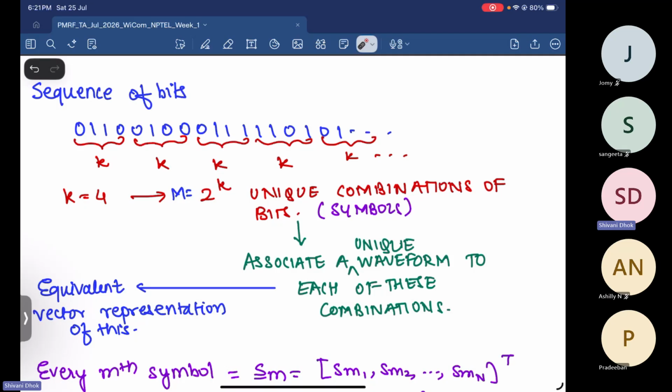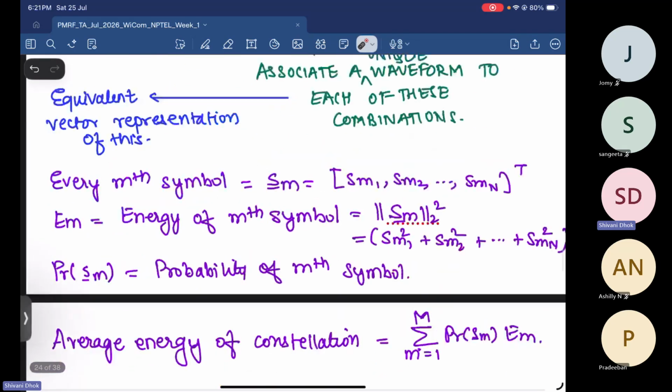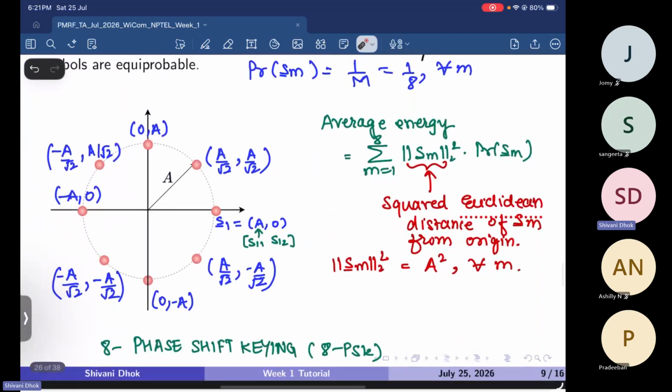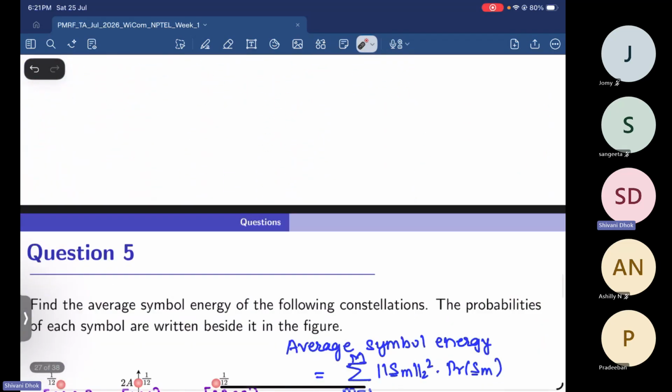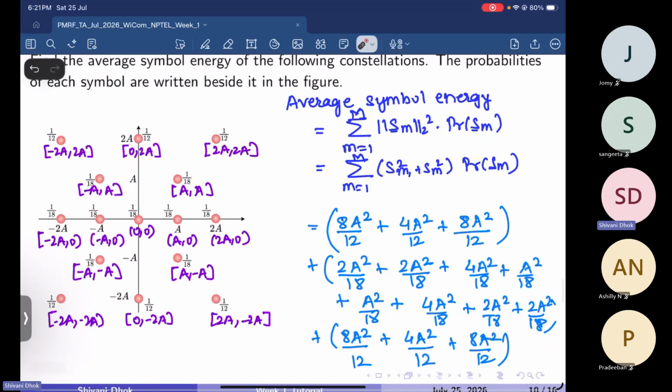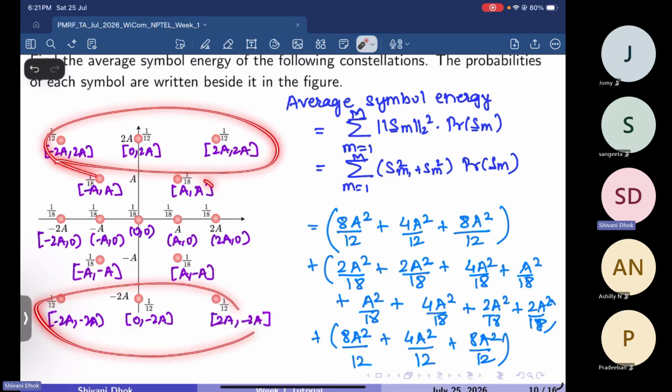I don't know if there is any other way to simplify it. But obviously, you're not going to get any crazy constellations which are very difficult to handle. There is repeatability in this particular constellation that I didn't exploit. These three and these three have similar energies.